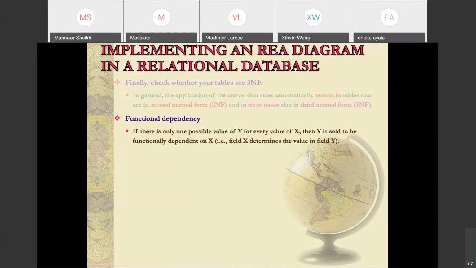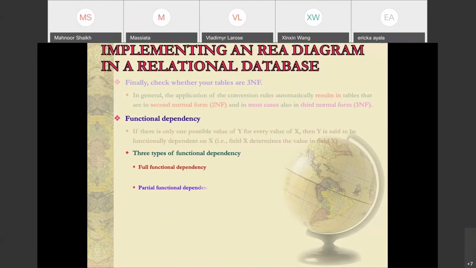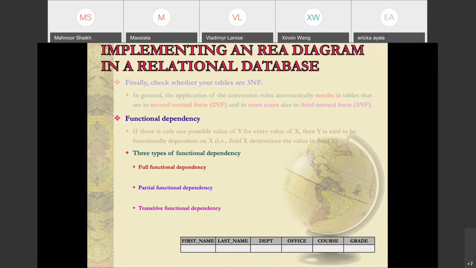So the three types of functional dependency, you guys have to have a very clear idea about, because this is going to be important for the second normal form and third normal form, right?